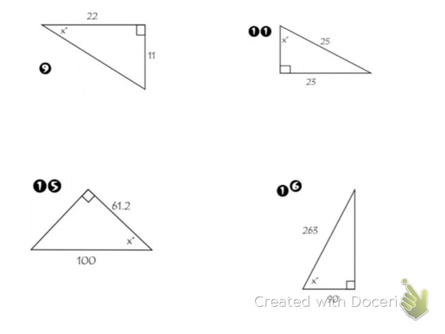For this one, again, identify your angle. Your side is H. The side opposite to it would be 11. This side right here would be adjacent. So if I'm deciding which one we're going to use, let me write those at the top again so I can have them as we're working. For this one, it would be 22, which is A, and 11, which is O. So A and O is going to be tangent.